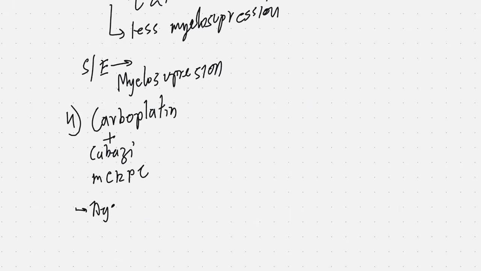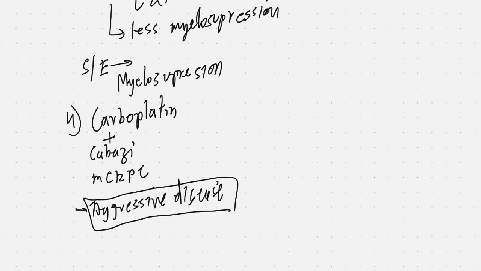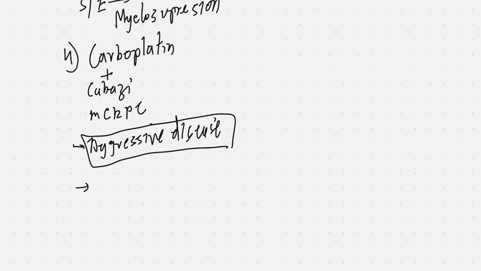So in that setting, it can be combined with cabazitaxel, or in the setting of a p53 mutation, a PTEN mutation, an RB mutation being present, there also it can be combined with cabazitaxel. Or if there is an underlying BRCA mutation, there we know that platinums have better action, so there also it can be combined with cabazitaxel in the metastatic castrate-resistant prostate cancer setting. Okay, so that is one drug that can be used in certain scenarios.